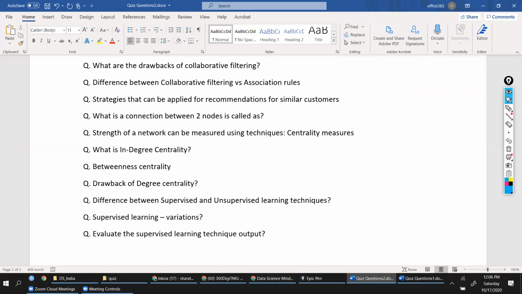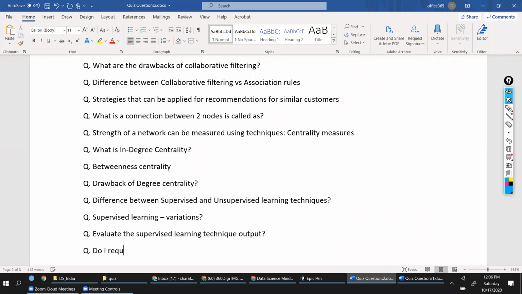Okay. So we evaluate the models by measuring the accuracy or the performance of that particular model on test data. So for supervised learning techniques, we need to apply data partition.